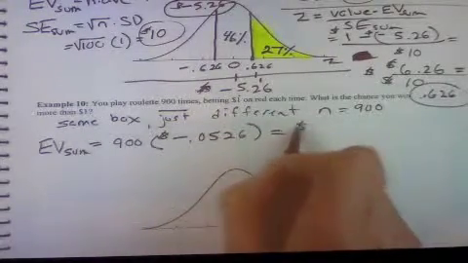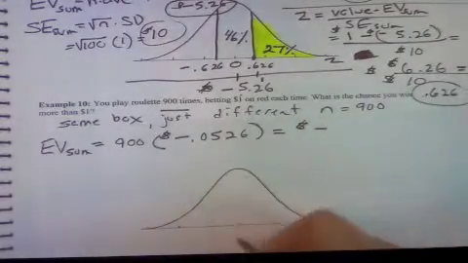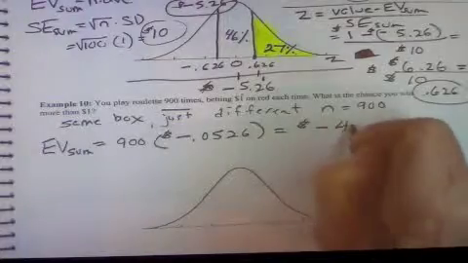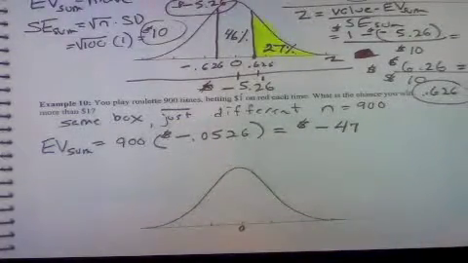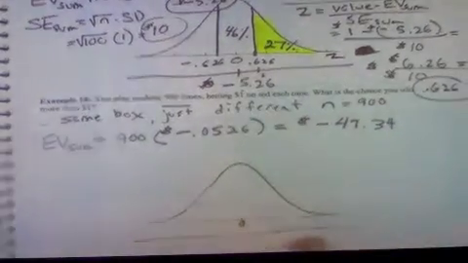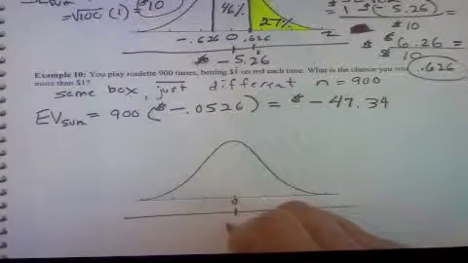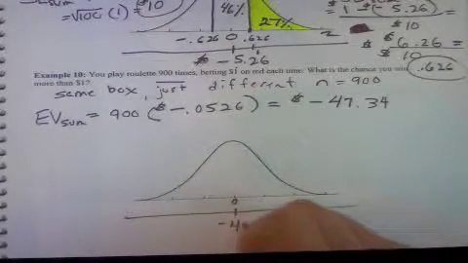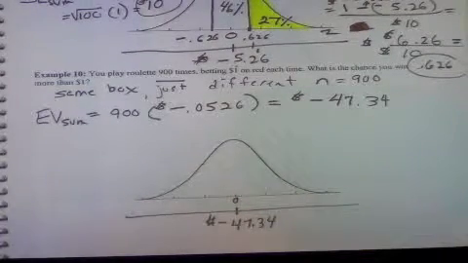So that's going to be negative $47 and 34 cents. So that's what we expect to lose. We expect to lose more because we're playing more.